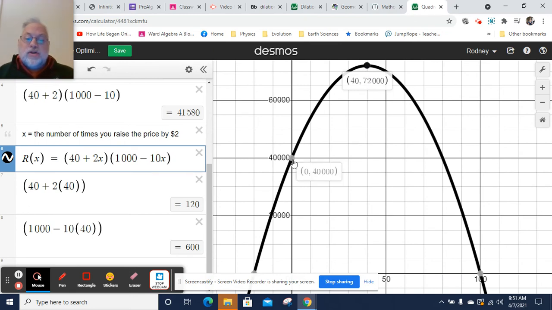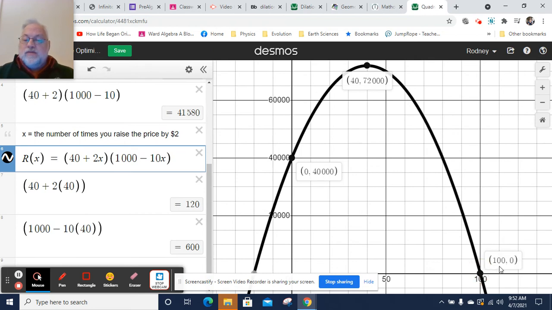And so here, I'm just going to review the key points. Here are your vertex, the highest or lowest point in a parabola. Since this is a frowny face one, it's the highest place, also known as a maximum, as opposed to a minimum if it was a happy one. So that's the maximum. This is before you raise the price at all. $40 times 1,000 gets you $40,000 of income from your hat sales.